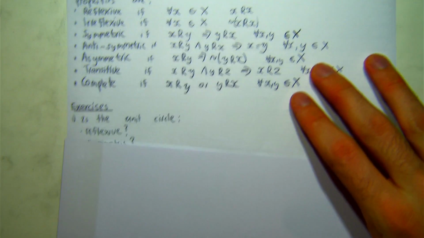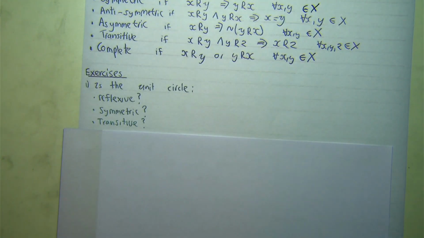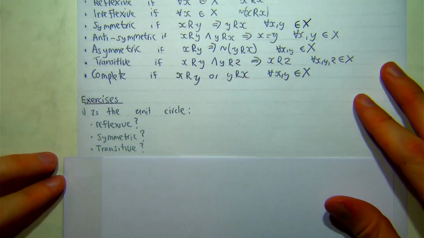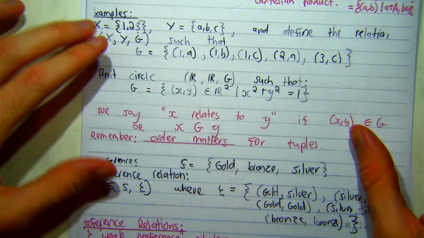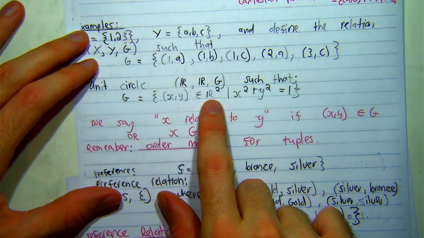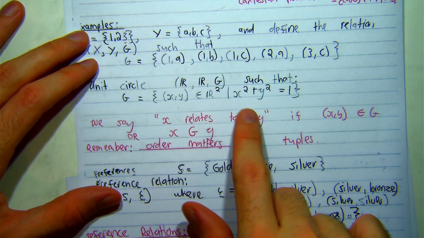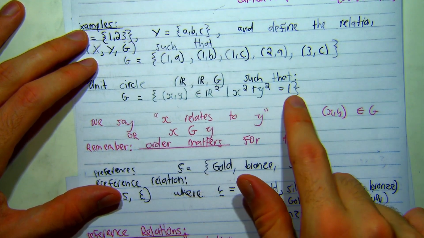Okay, so let's look at some exercises. Is the unit circle reflexive? Let me flash back up the unit circle as a definition and then we can talk about it. The set of (x, y) elements of the real numbers such that x squared plus y squared is equal to 1.